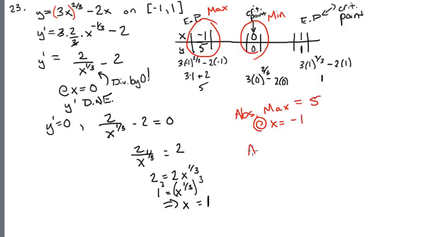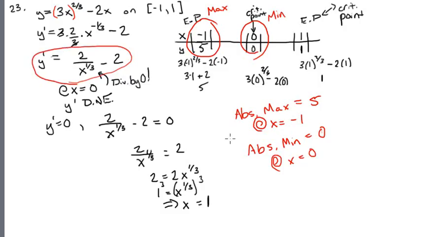My absolute min, another way of saying that is global min, on the interval, is 0, and that occurs at x equal to 0. And note that we wouldn't have found that if we didn't look at where our derivative did not exist.